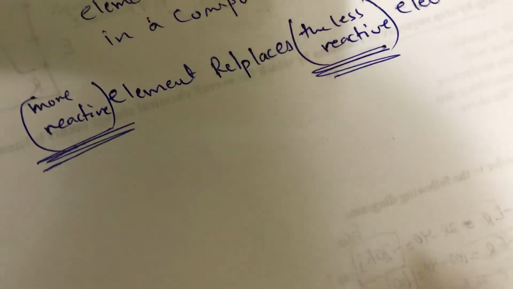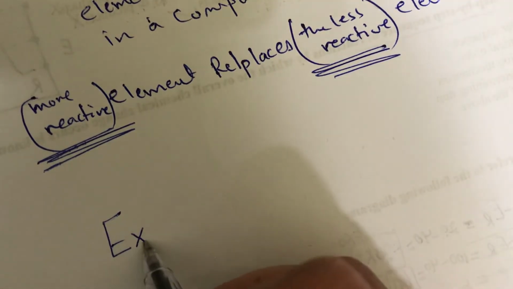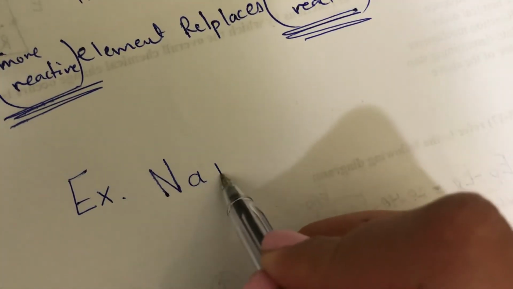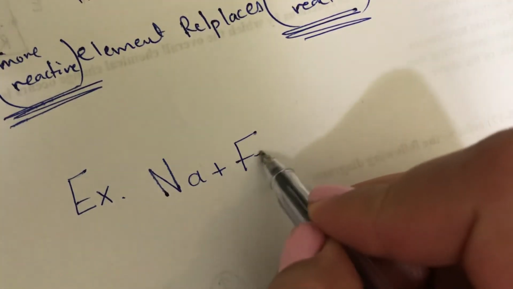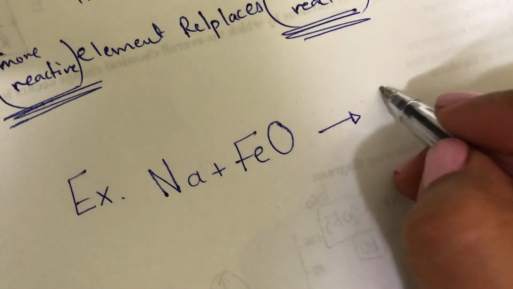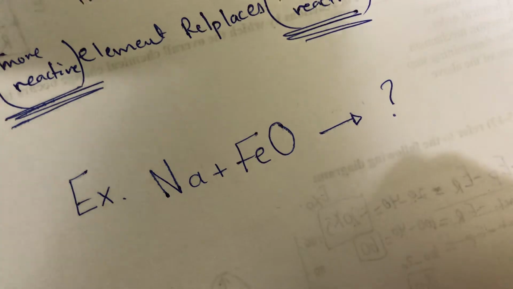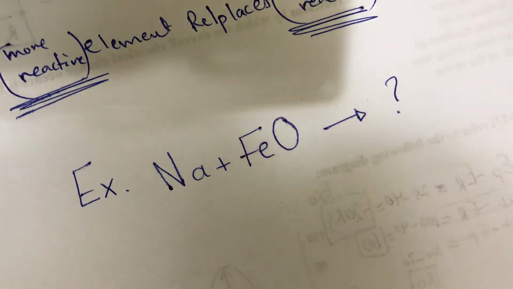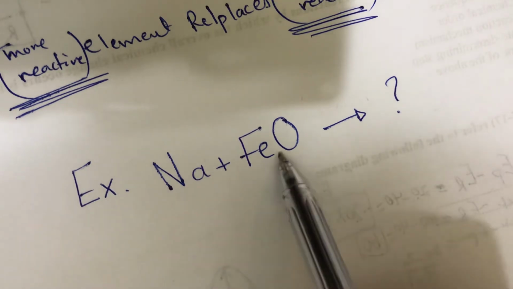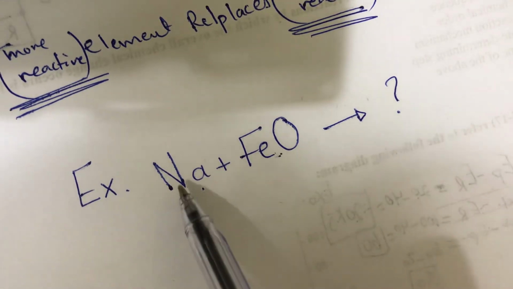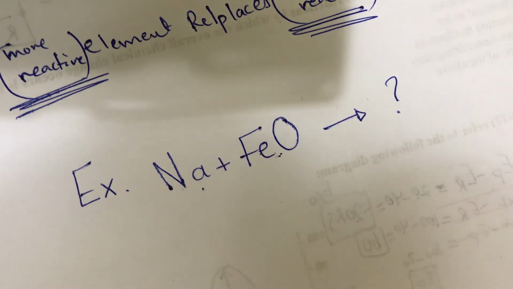An example: sodium plus iron oxide. So will the reaction occur or not? It's a single displacement reaction, element plus compound. So the rule is an element replaces a similar element.